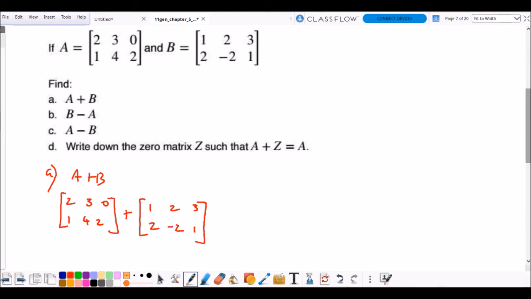In order to add them, you have to have the same order, row and column, for each one, because if it's not, then some of the numbers won't work out.